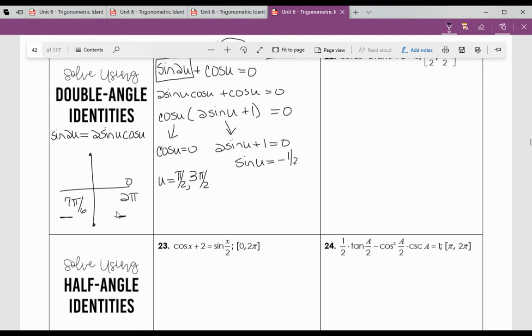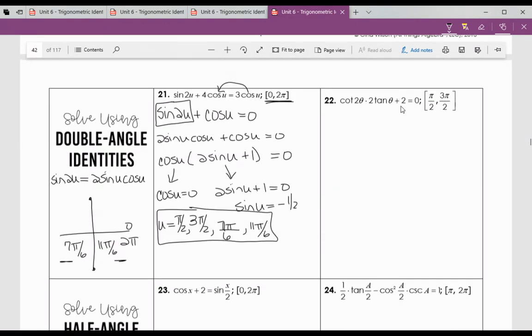And in the fourth quadrant, the angle that has a negative 1/2 for its sine value is 11 pi over 6. So I'm going to add 7 pi over 6 and 11 pi over 6 to these answers.